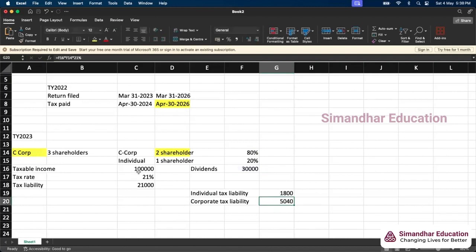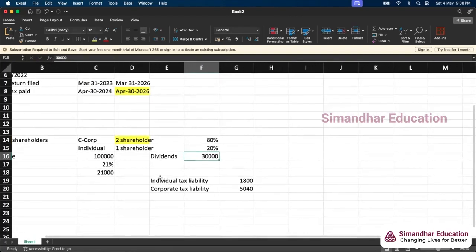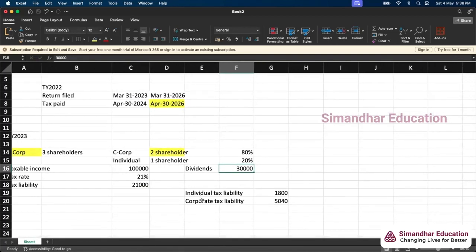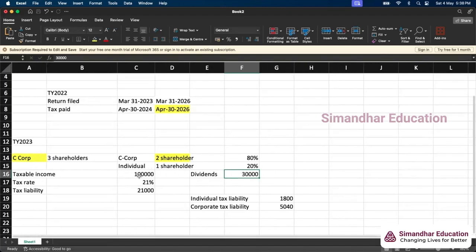So you see the 100,000 income is taxed once at the C Corp level, which is at 21%. And then it's again taxed on the dividends that are distributed. And the tax rate will obviously depend on which entities hold the shares of the C Corp. It can be individuals, it can be corporate, it could be another organization. So the same income is taxed twice: when the C Corp files the tax return at its entity level, and the other when it distributes the dividend.